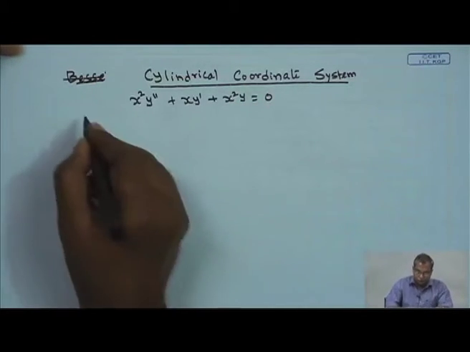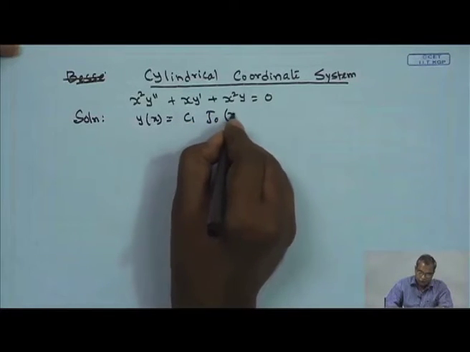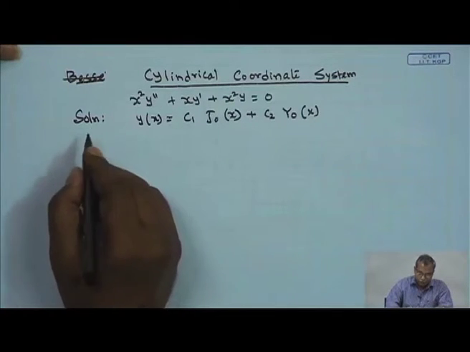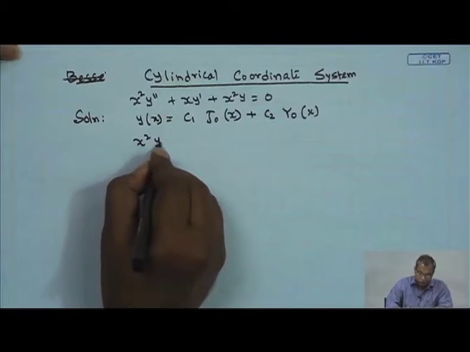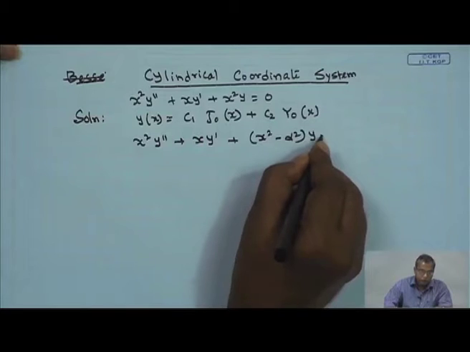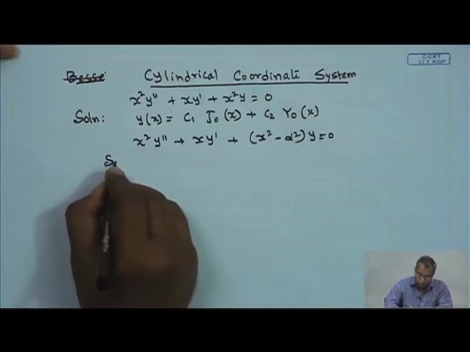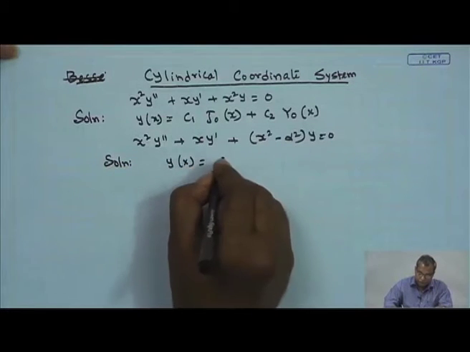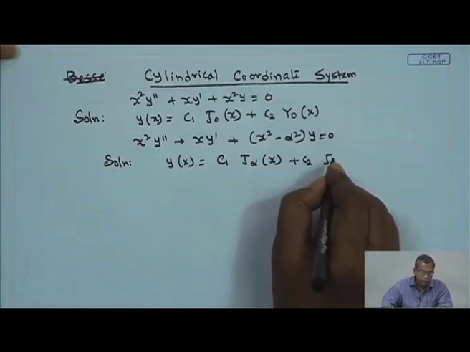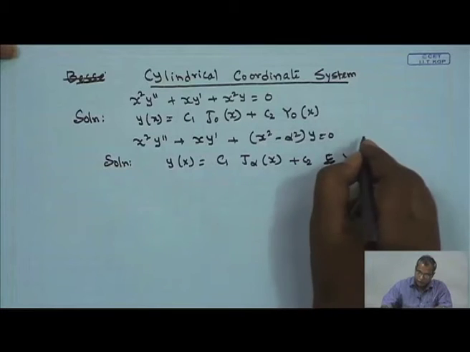If that is the case, the solution will be in the form of C1 J0(x) plus C2 Y0(x). If the differential equation is x square y double prime plus x y prime plus (x square minus alpha square) y, where alpha is an integer, then the solution is in the form y(x) is C1 J alpha(x) plus C2 J minus alpha(x), or we call it Y alpha(x), where alpha is an integer.